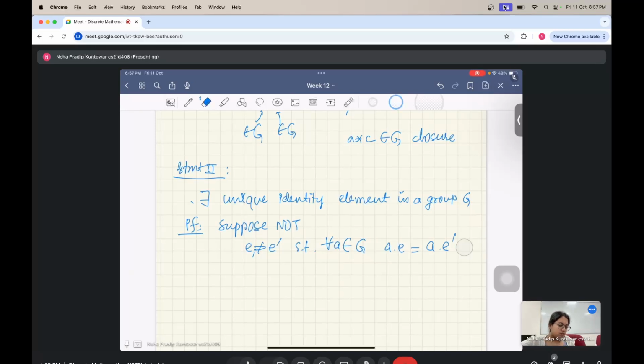Okay, maybe I'll write it step by step. And A dot E prime is also equal to E prime. So suppose this happens.